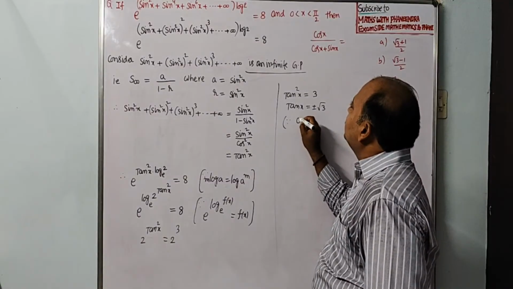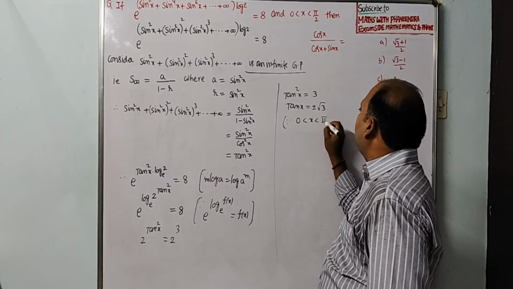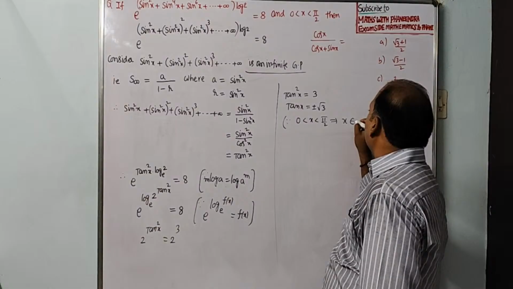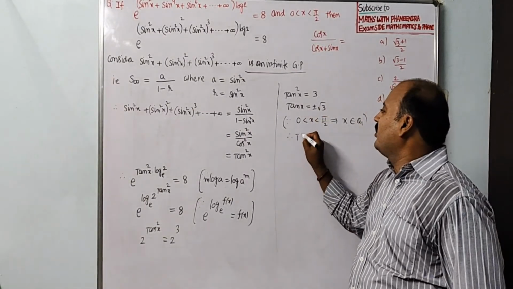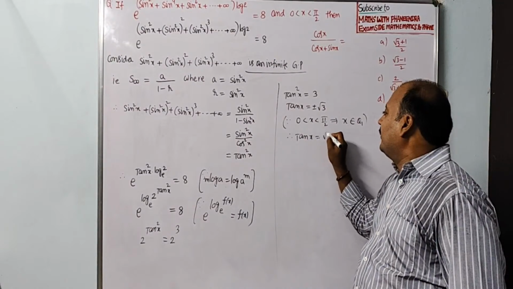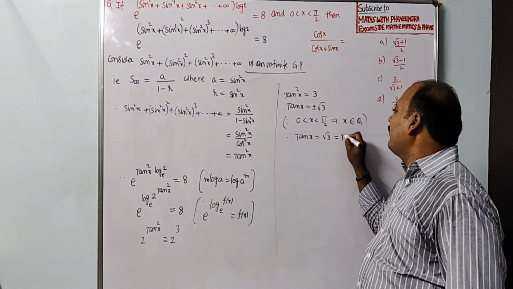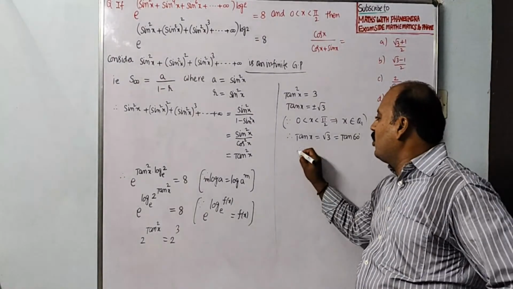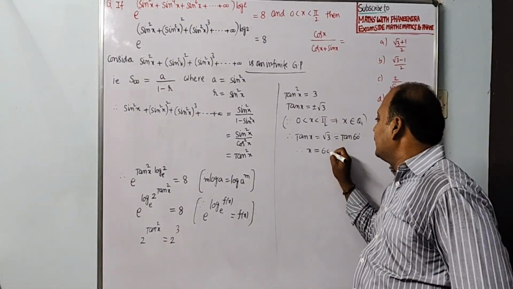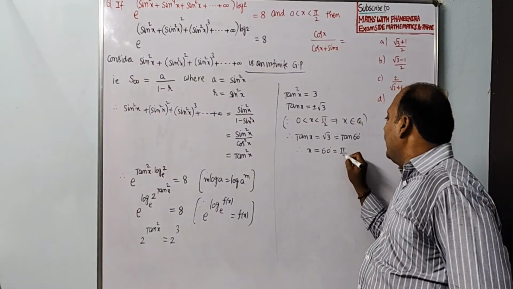Since 0 is less than x is less than pi by 2, x belongs to quadrant 1, where all are positive. So tan x takes only root 3, which is tan 60 degrees. Therefore x is 60 degrees, which is pi by 3.